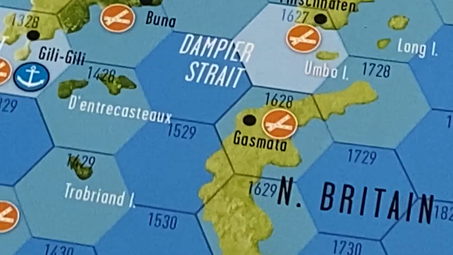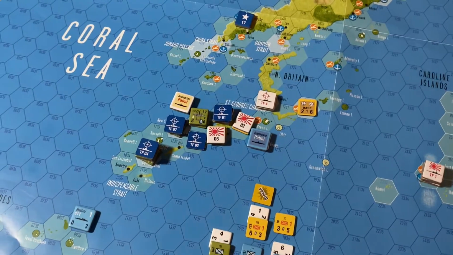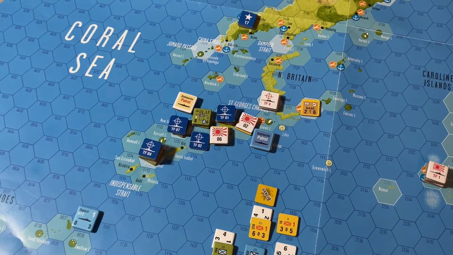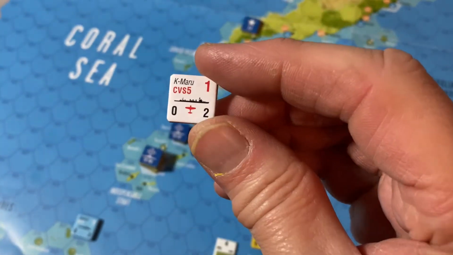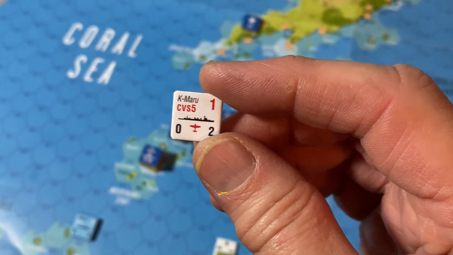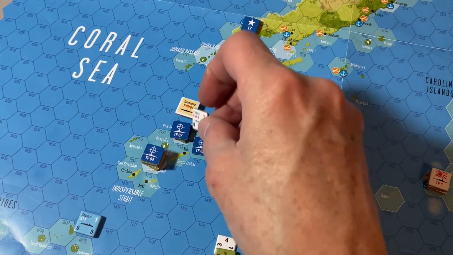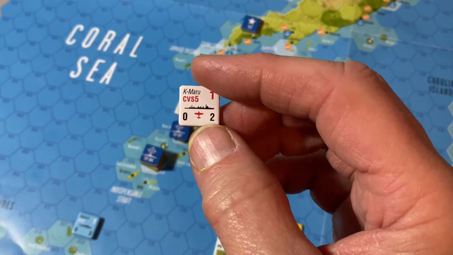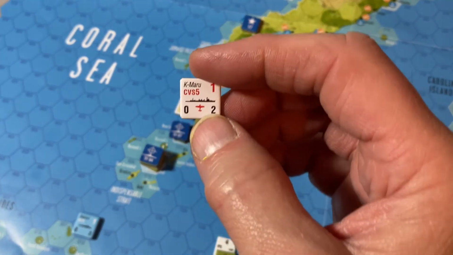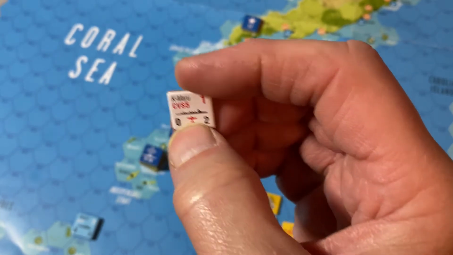One of the things that I didn't mention before, I got rid of these pesky CVS's. If you remember in early parts of the video, there were 2 of them in this area, and they're really quite annoying as far as searching during contact phase movement, because they have spotter planes.